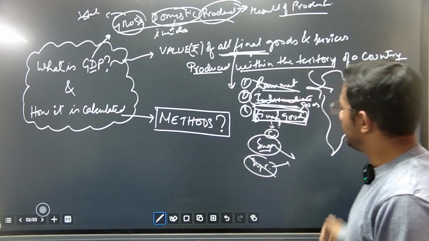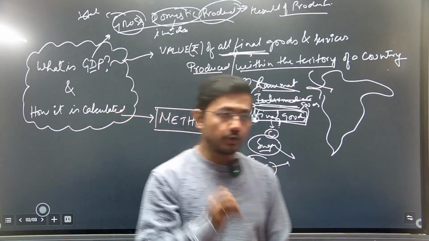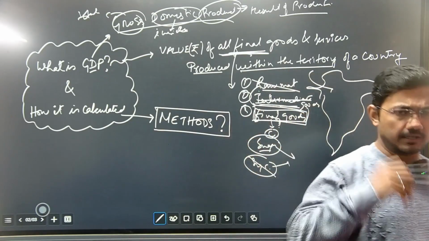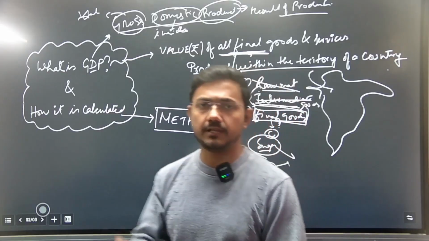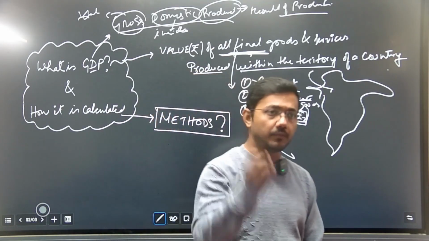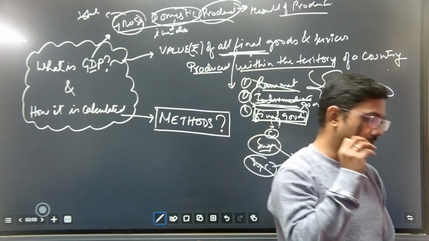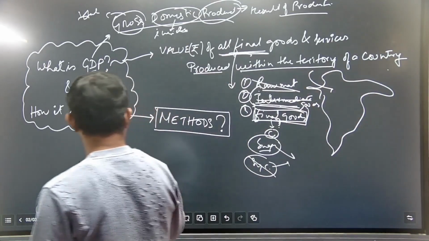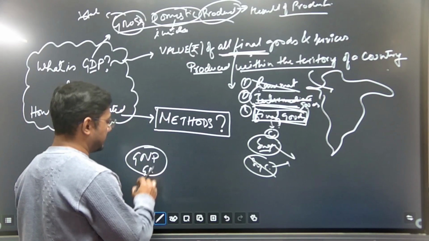Now interestingly, in this GDP, whether the production is done by an Indian, for example, if we take the country as India, if the production is done by an Indian, that value will be considered. But if a foreigner is also doing production inside India, then that value will also be considered. Now, there is another concept of gross national product or gross national income.